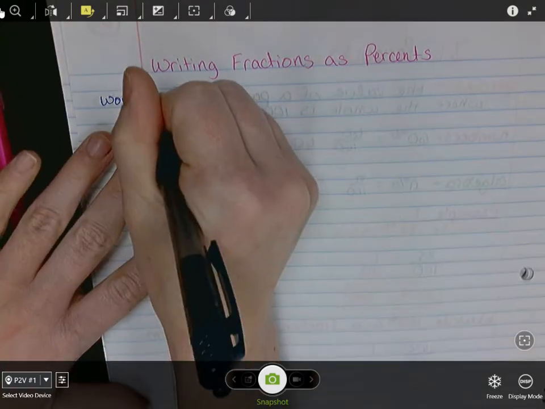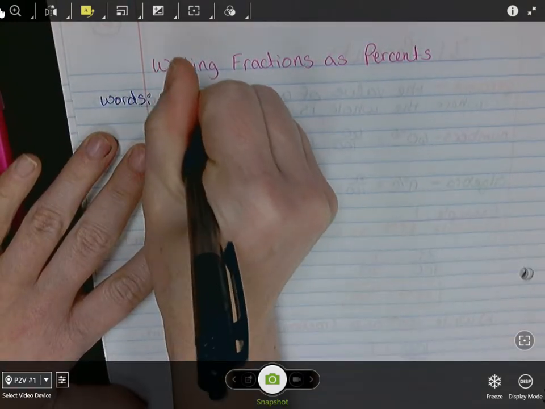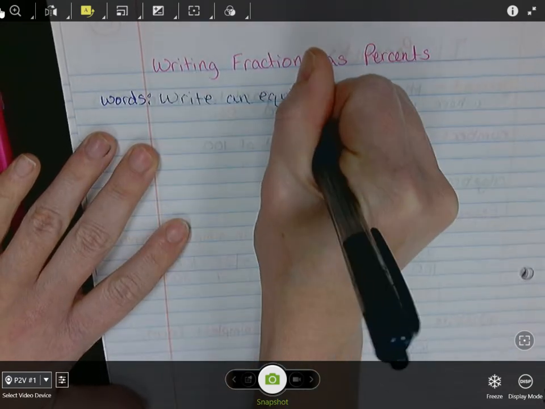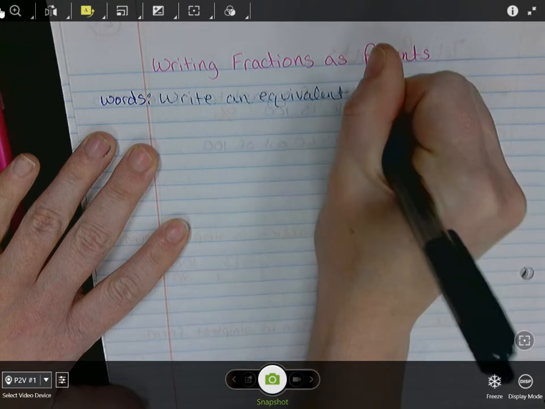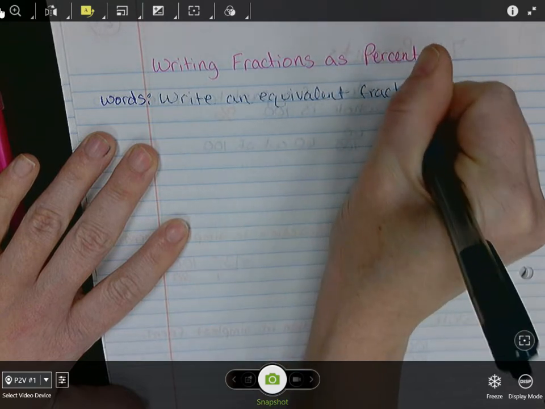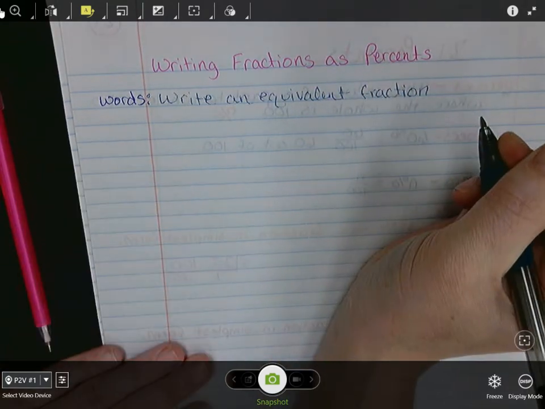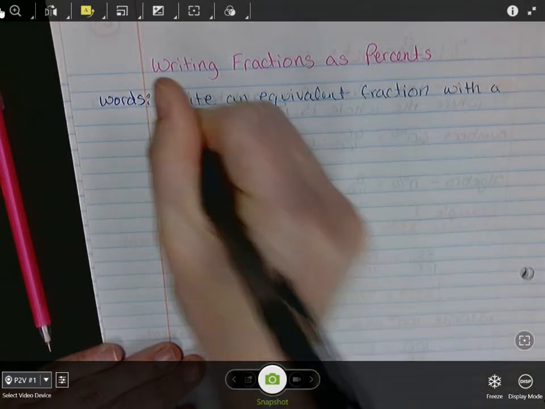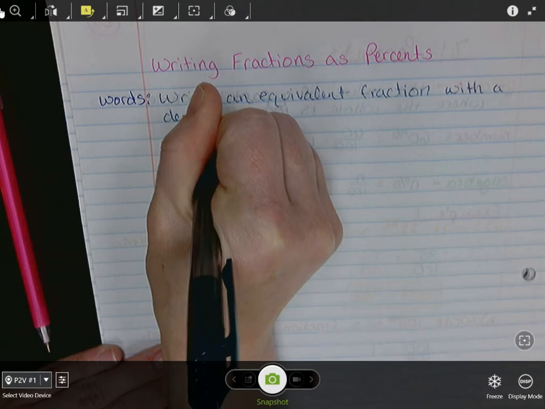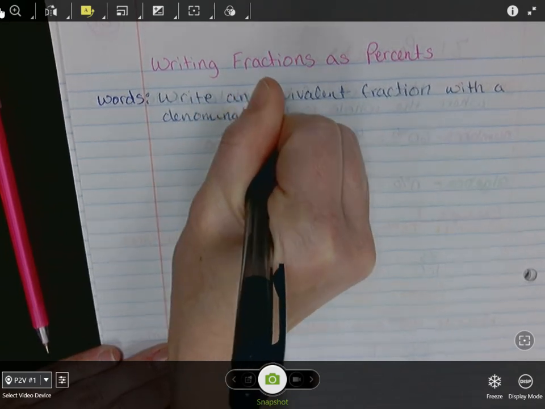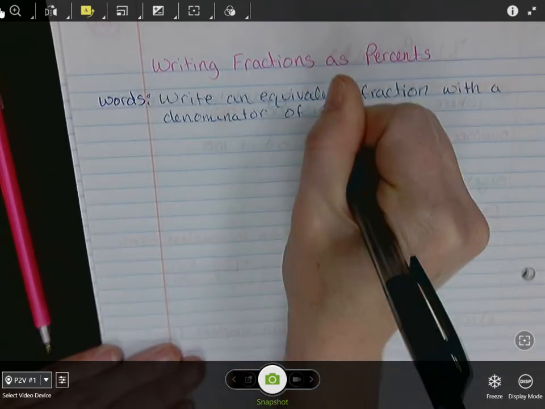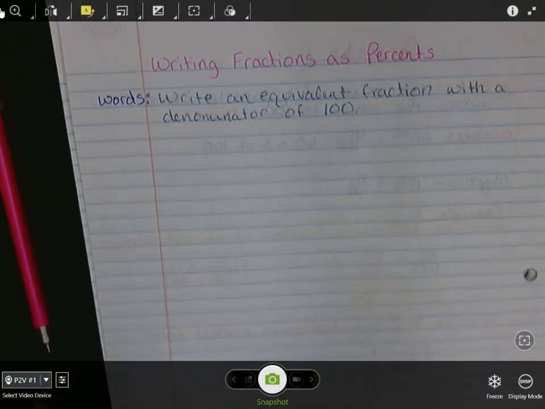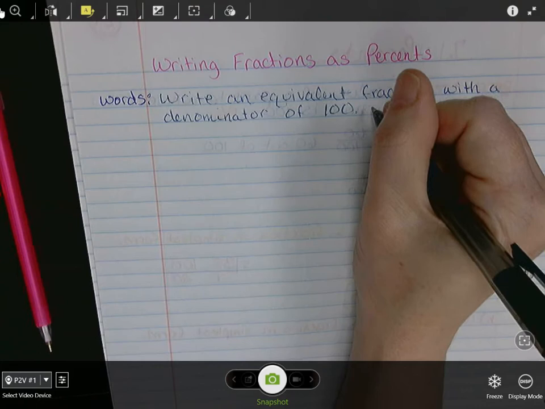You want to write an equivalent fraction with a denominator of 100. Okay, and then you write the numerator with the percent symbol.